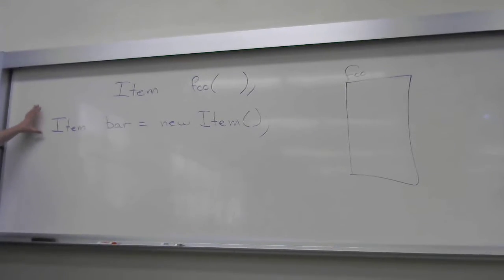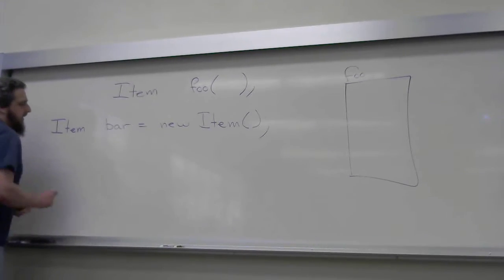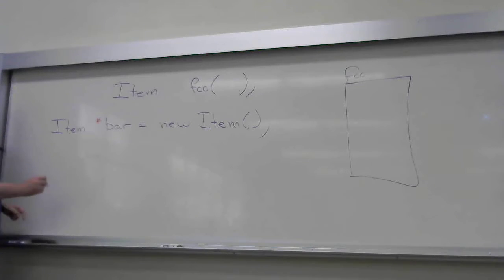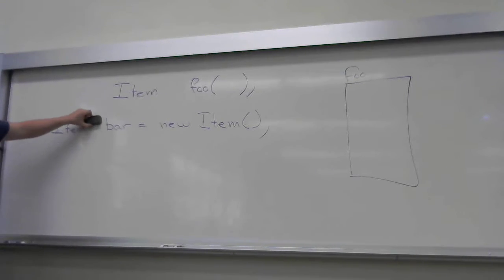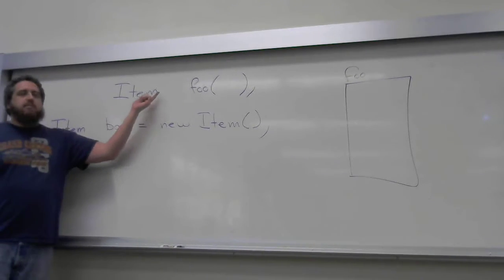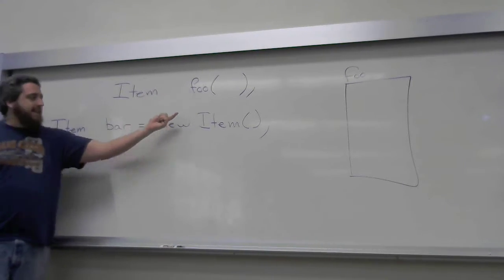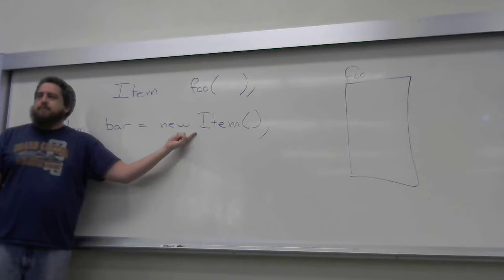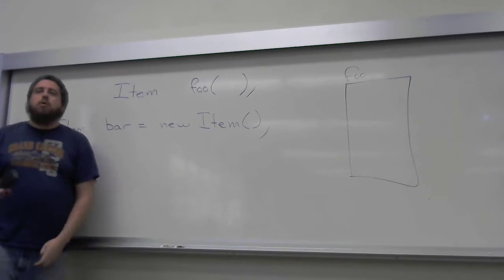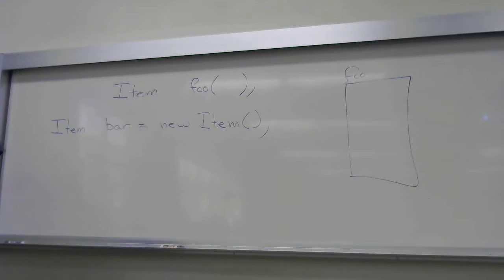So when I do this in Java, I don't have to do the star because it already is a pointer. In C++, I can create items on the stack and I can create items on the heap. I can do both. I have more flexibility in where I put my memory.